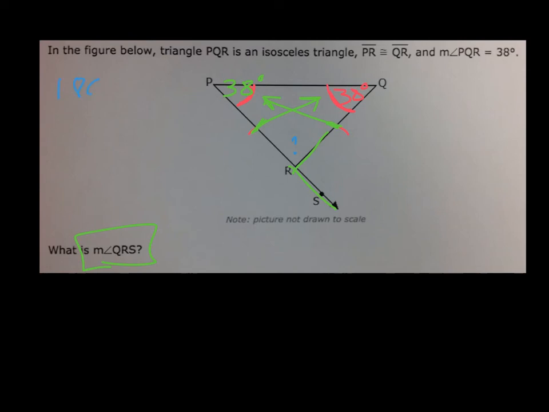So I can do 180 minus 38 and minus 38 again, and I will get 76 degrees. No, I will not. I will get 104 degrees. If I added these two sides here, you get 76. Subtract from 180, you would get 104. So this angle down here is 104 degrees.